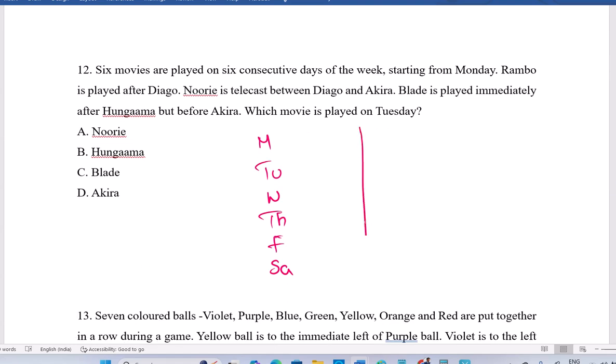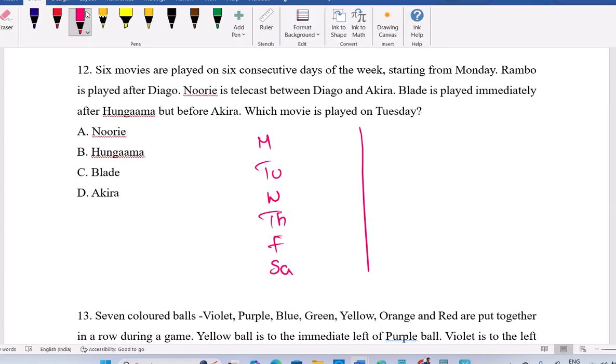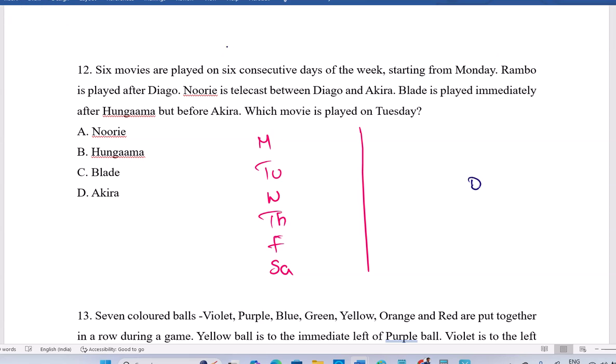This will align, but before that, just see the arrangement. Rambo is played after Diago. Nuria is telecast between Diago and Akira. Blade is immediately after Hangama but before Akira.